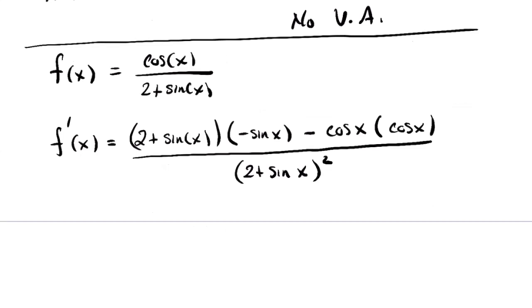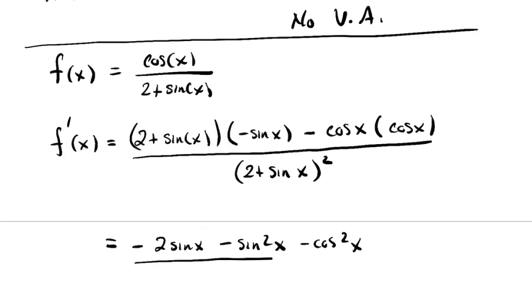All right, I need to simplify that thing a little bit. Let's distribute out our numerator. So we get minus 2 sine x minus sine squared x minus cosine squared x. All of that is over 2 plus sine x squared.